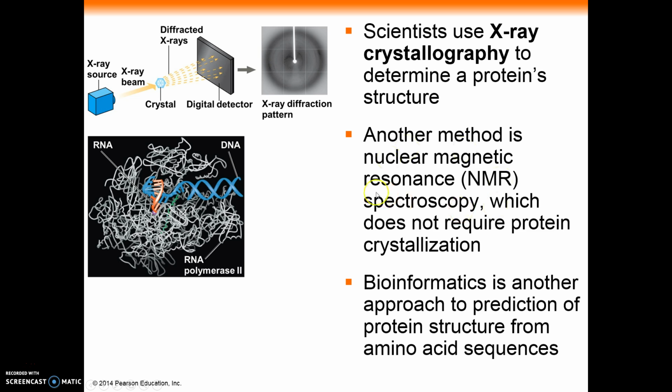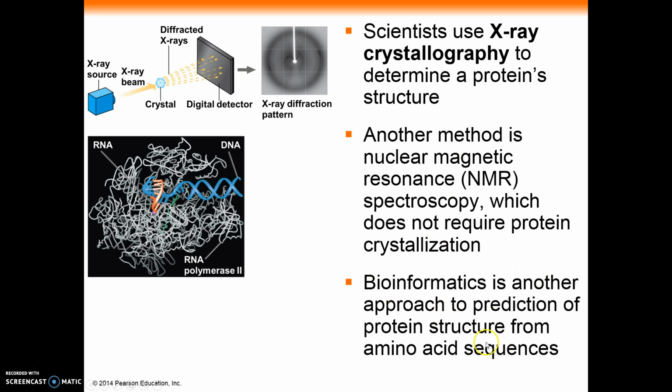This does not require the protein to be crystallized, so you get a more natural version, but it is restricted in how big of a protein you can work with. Over here, you have to be able to crystallize the protein. On occasion, that crystallization process can actually deform the protein, and it's hard to tell when that happens.